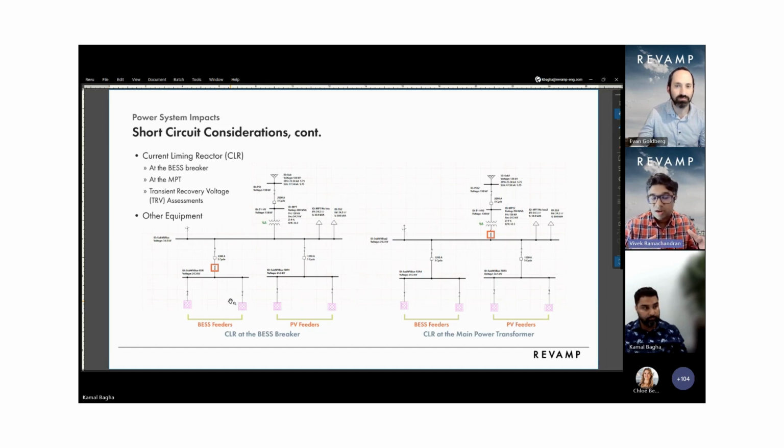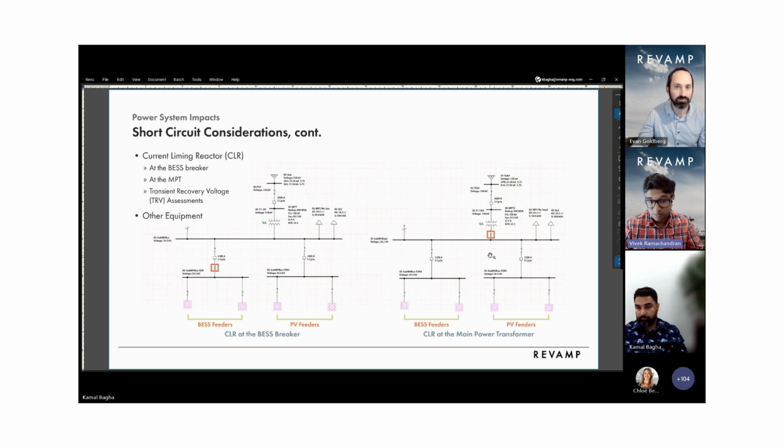But the current limiting reactor, again, is a reactor that sits in series with the rest of the system. And wherever it sits, it's going to see significant current flow during generation. So you will have some real power losses. You definitely will have reactive power losses, and there will be significant voltage drop. So prudently placing these current limiting reactors in a location where we can minimize their adverse effects would be advisable.